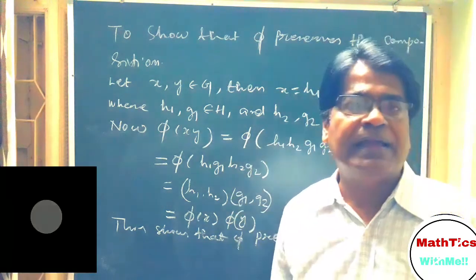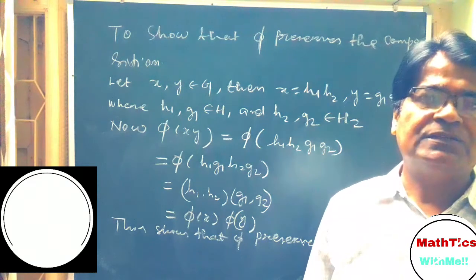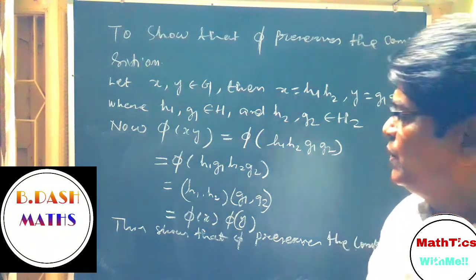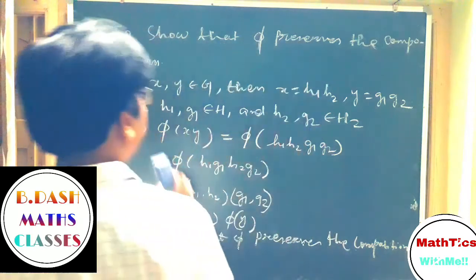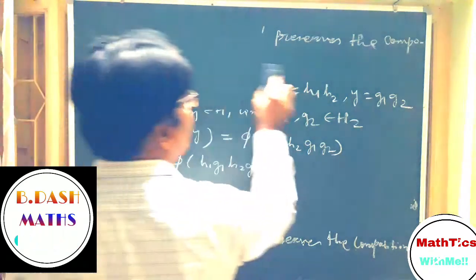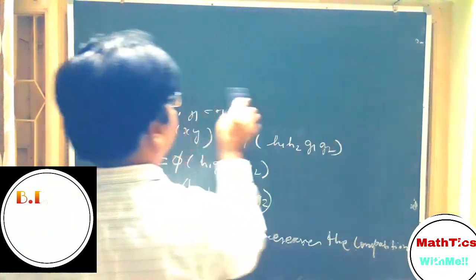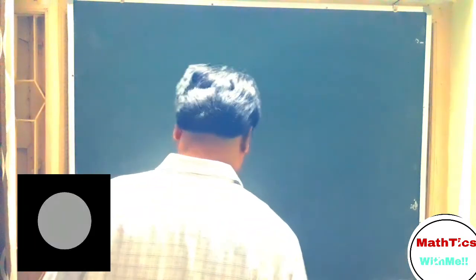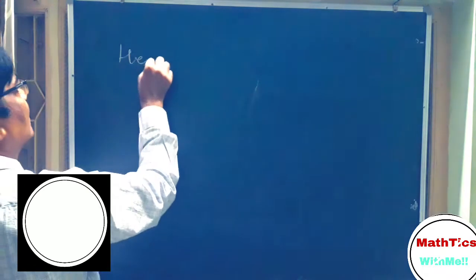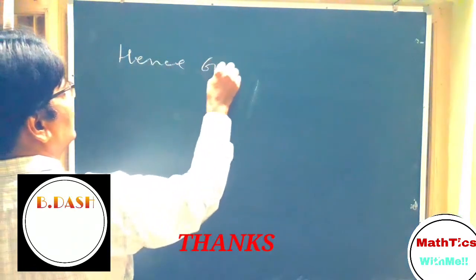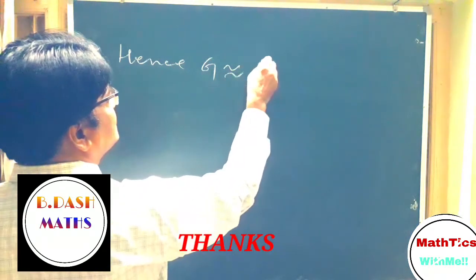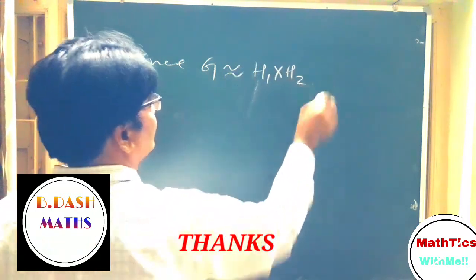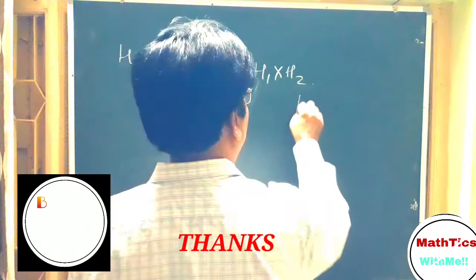The function phi from G to H1 cross H2 is 1-1, then phi is onto. It also preserves the composition. Hence G is isomorphic to H1 cross H2. Proved.